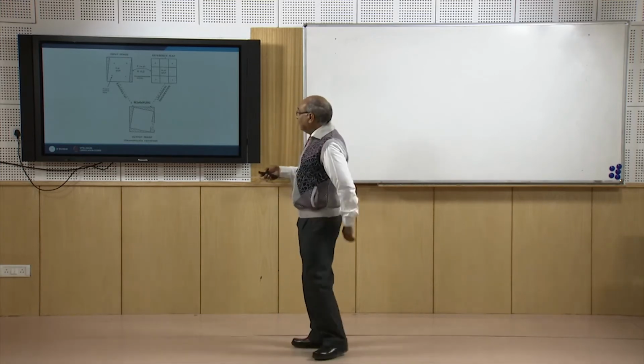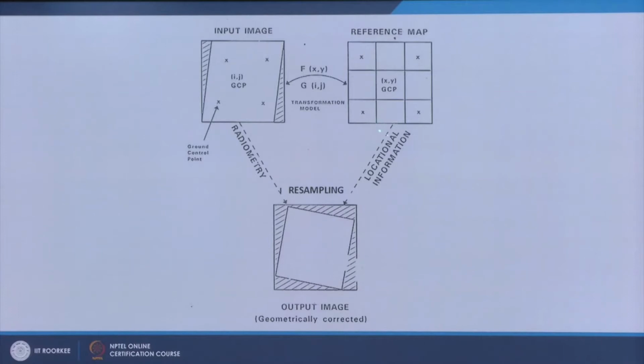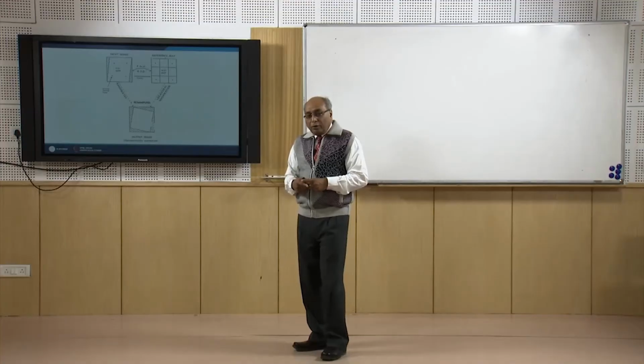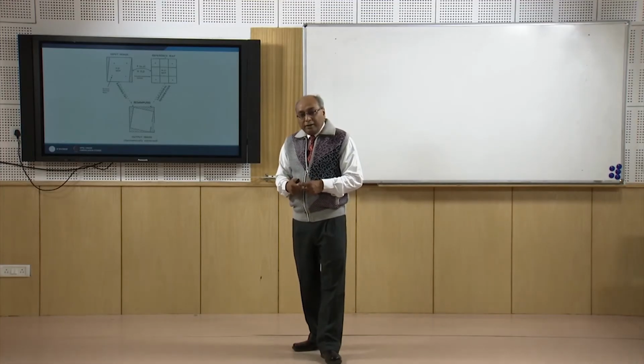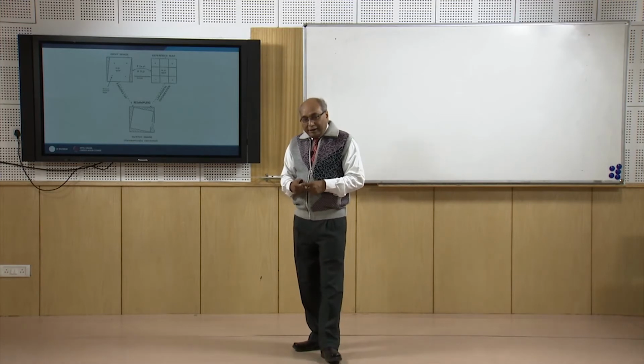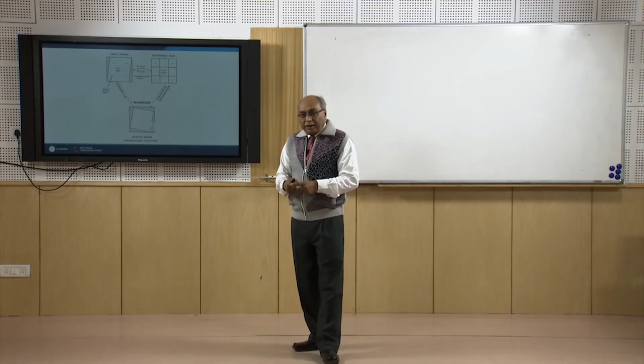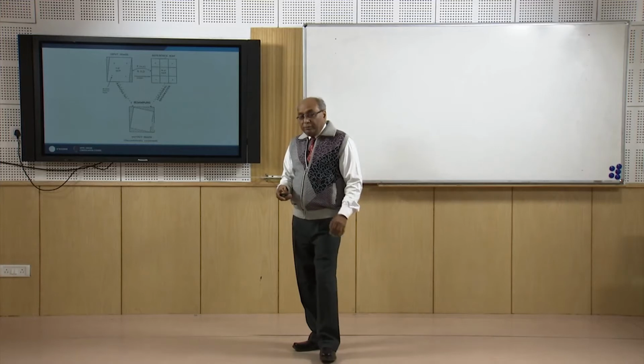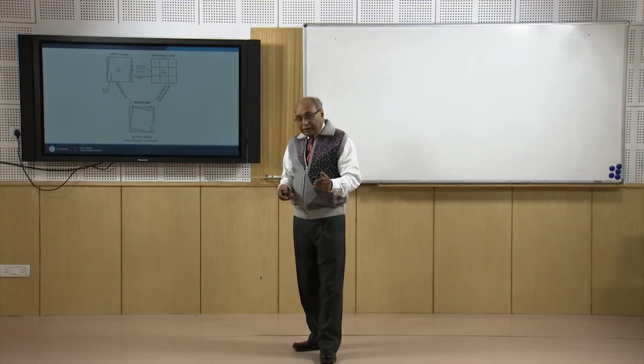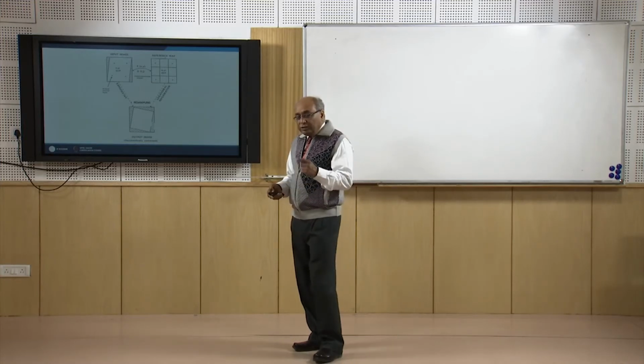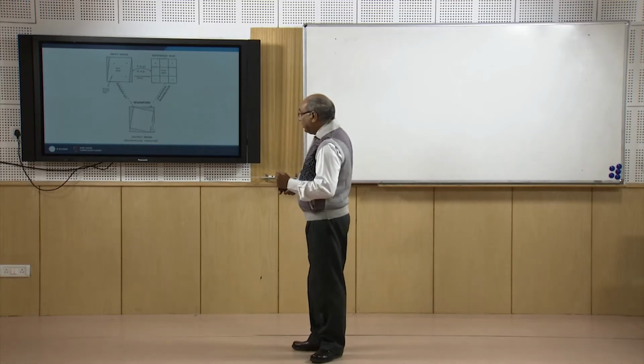So, suppose this is my Survey of India topo sheet and this is my satellite image. If I am seeing the crossing of two roads, or maybe a bridge on a river, a bridge on a rail track, or an aqueduct or similar kind of structures which are fixed, which are not moving with time very quickly, these may become my ground control points.